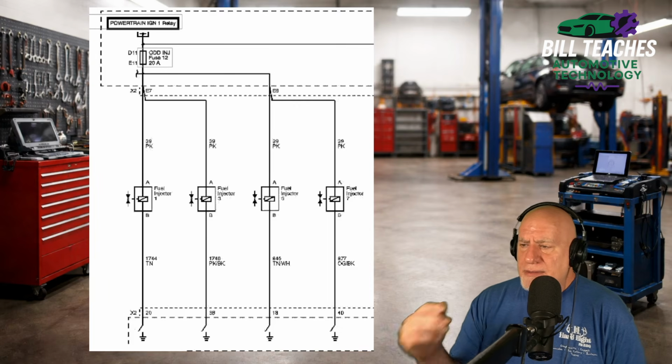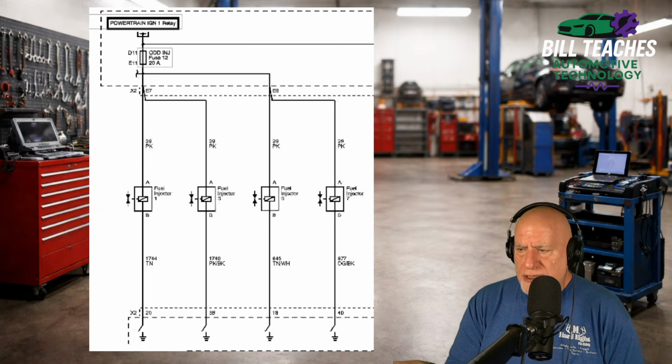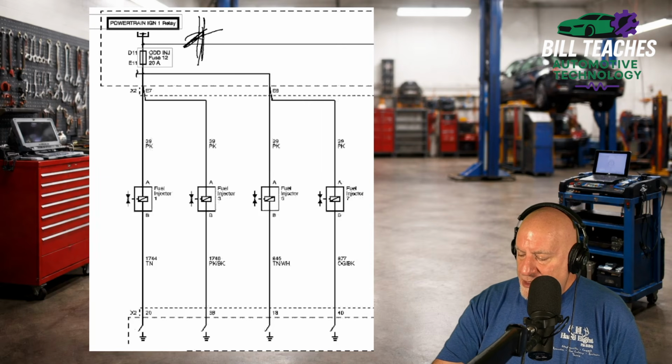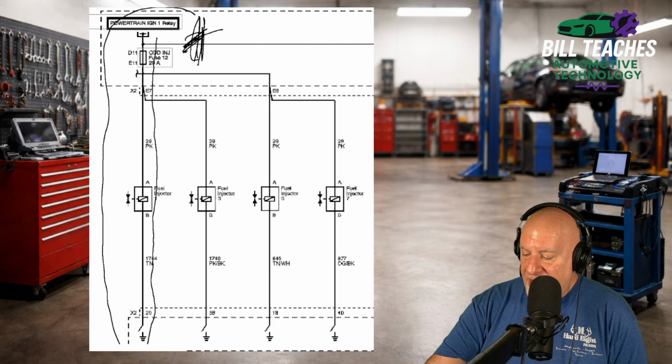So to understand what an open circuit is, let's talk about a closed circuit. A closed circuit is basically power, right? We've got a power source up here that's coming down all the way through the circuit to ground, and then going back to the battery to be recirculated back through the power.